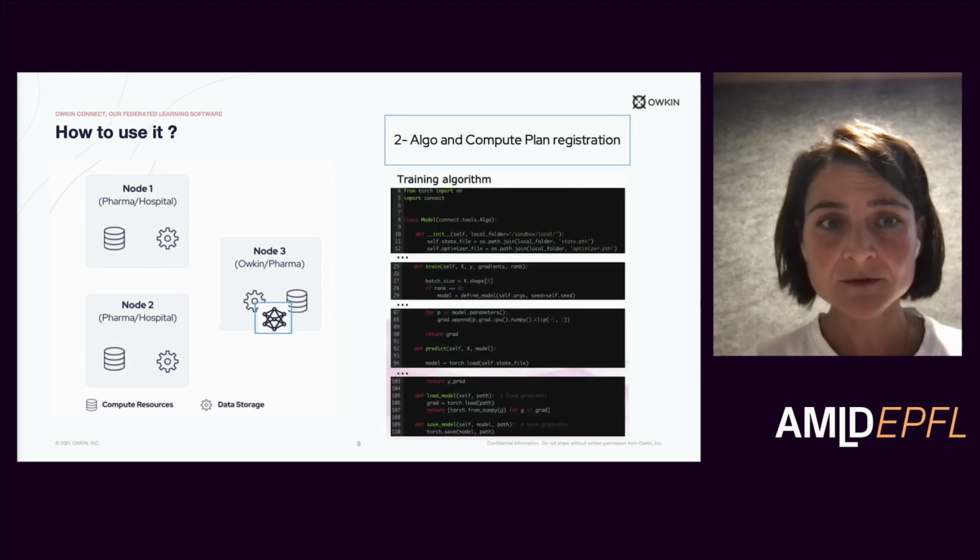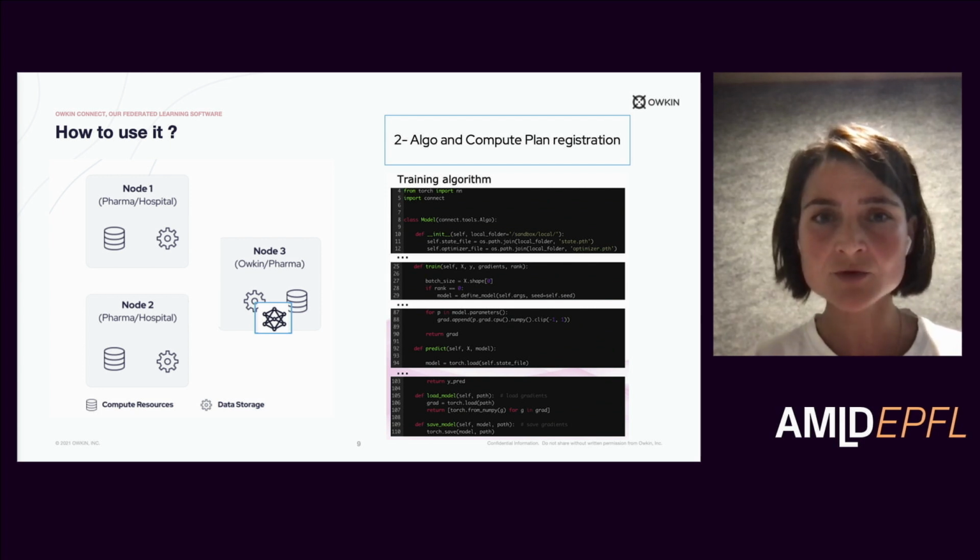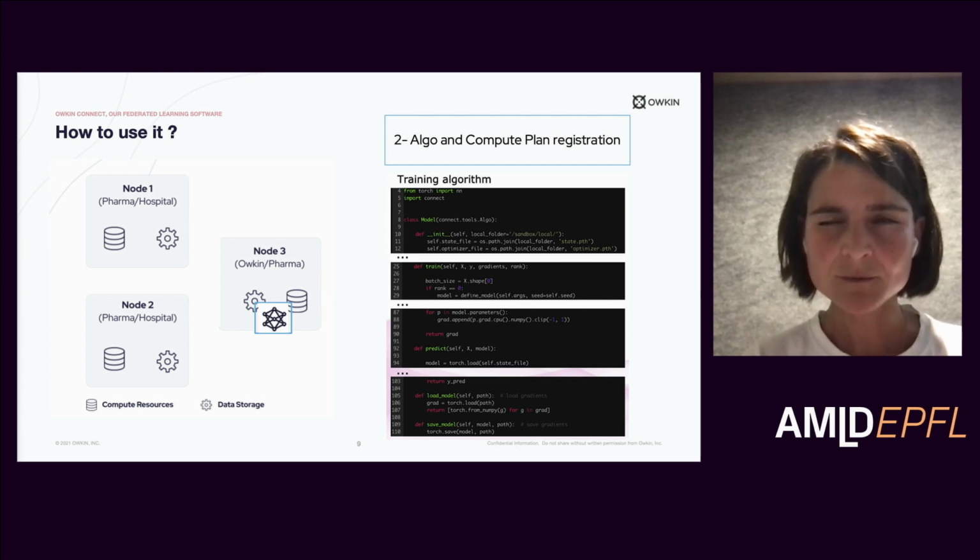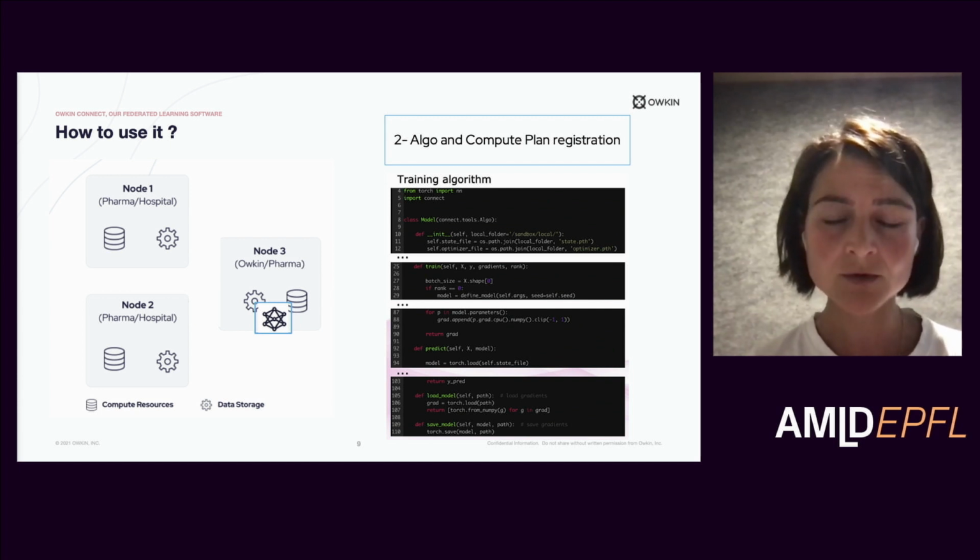Then the second step is to design an algorithm and a compute plan. A compute plan is this sequence of training and aggregation and evaluation steps, corresponding to this federated learning scheme. So it's really the specification of how you're going to train your algorithm on the data.